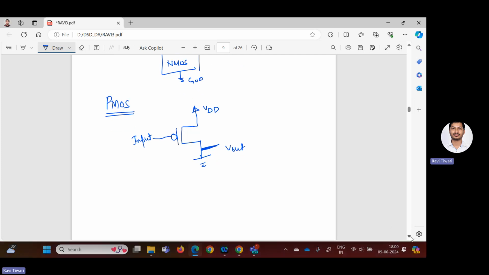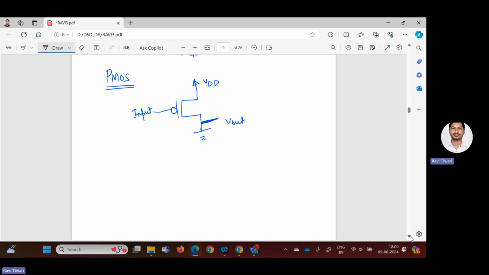I will also explain NMOS parallelly, so we will have a clear idea what is the meaning of PMOS and what is actually the NMOS. So here I am drawing the NMOS symbol. Here we don't use a bubble because it's the N type of MOSFET. And here we will provide the input.